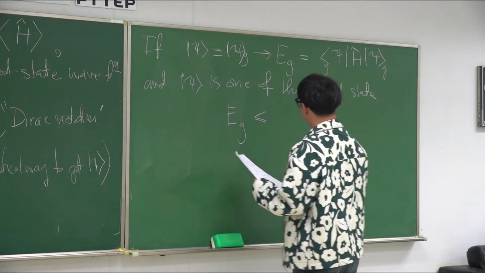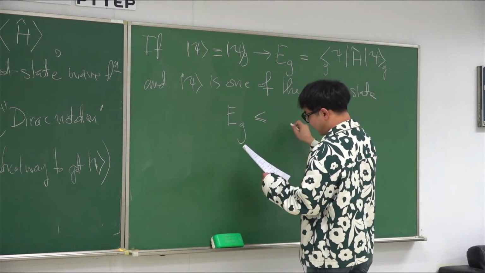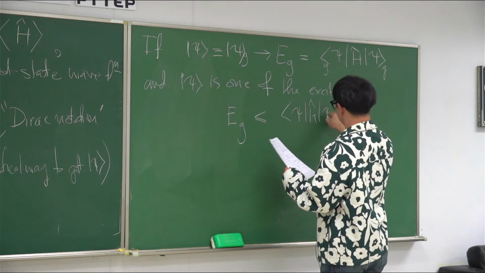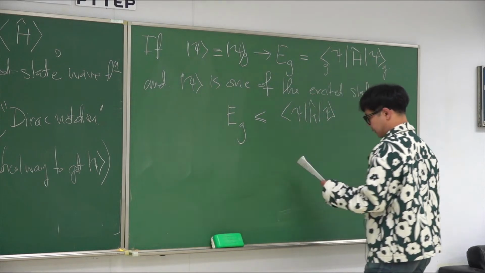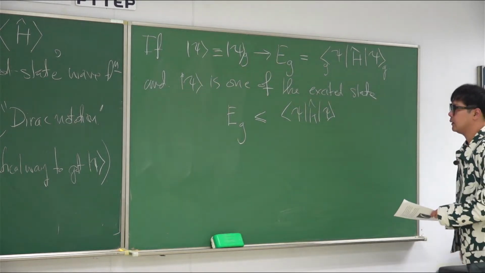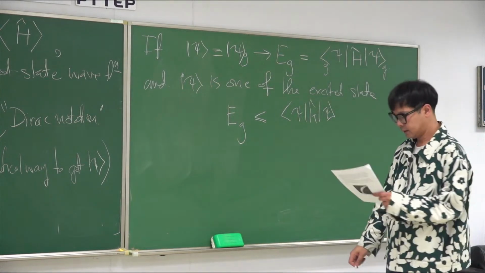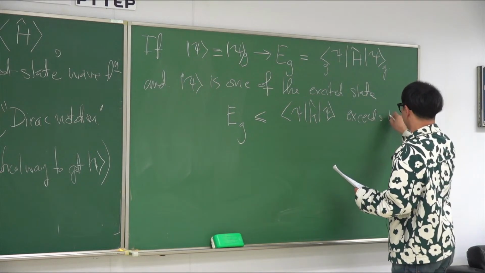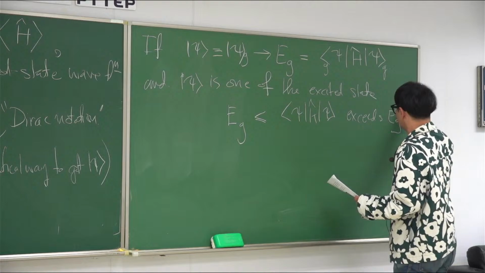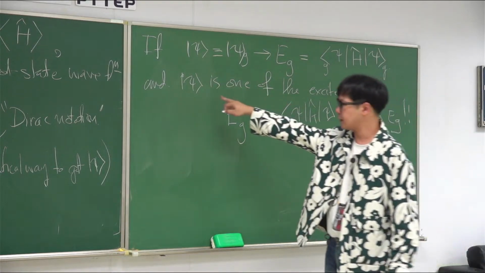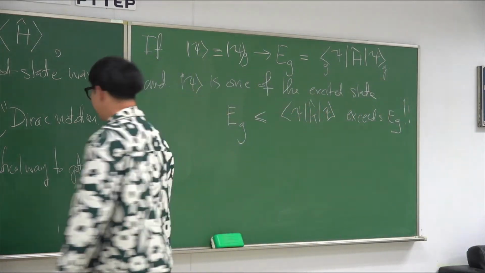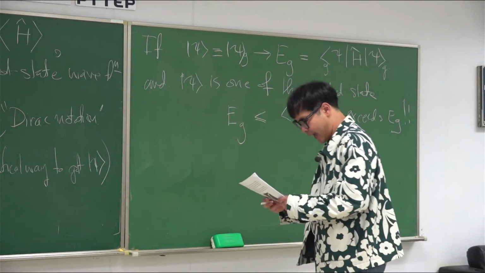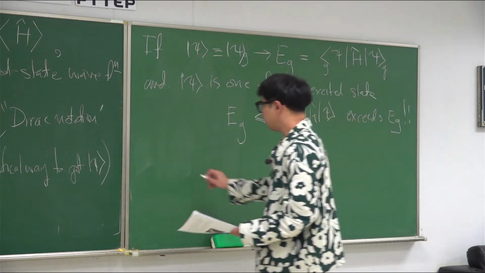So you will get this inequality. Of course, because this is not the ground state, then the numerical result will be bigger, right? The actual ground state. Let's prove this statement.